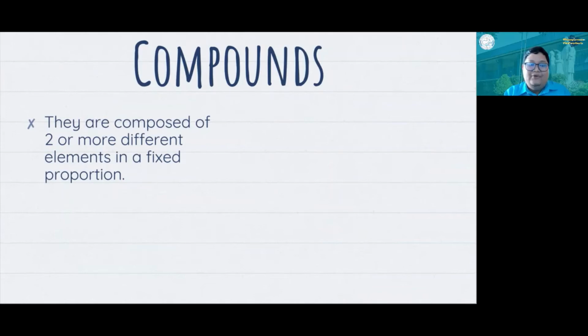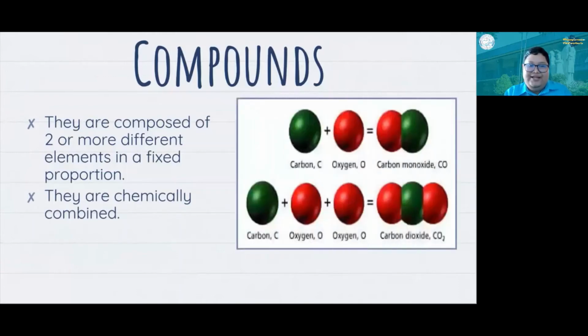Meaning to say, compounds can be made by combining two or more elements, but in a fixed proportion. So you will know later why. Another one is, how are we going to combine the elements to form a compound? They are chemically combined.